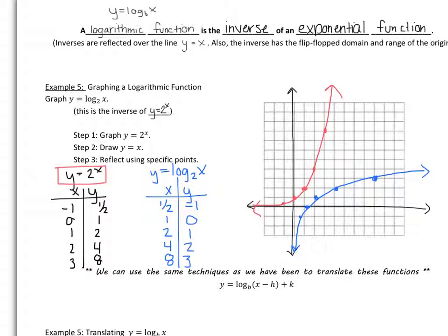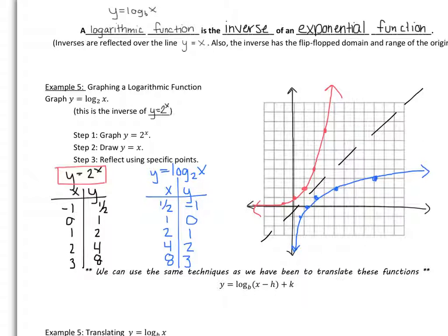And there is your inverse function. You see that it is reflected over the line y equals x. If you folded your paper in half on that line, the two graphs would fall on top of each other.